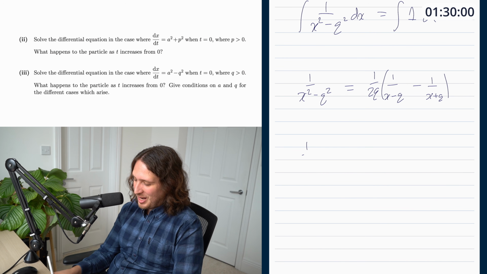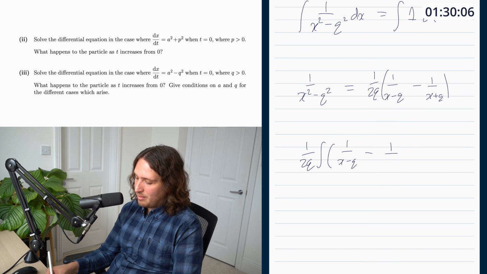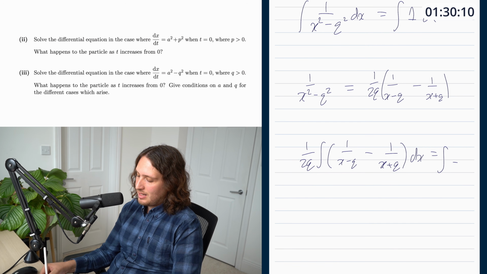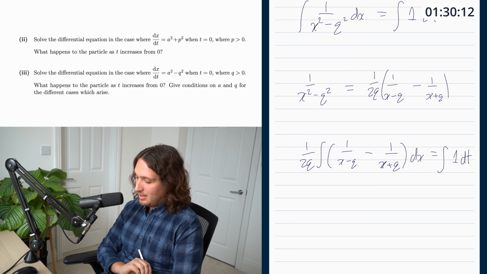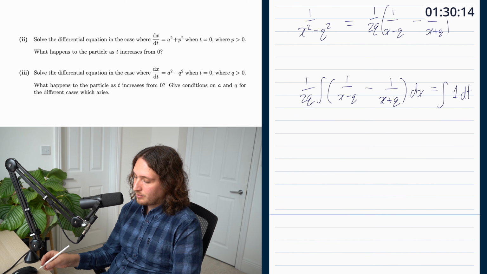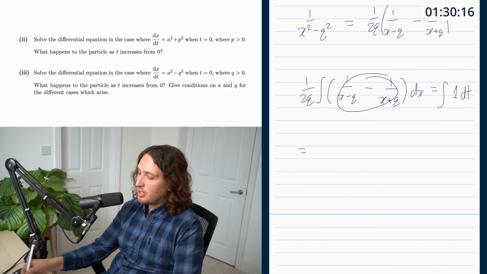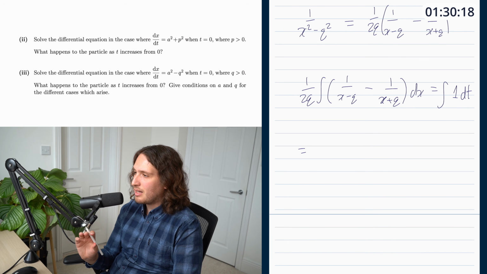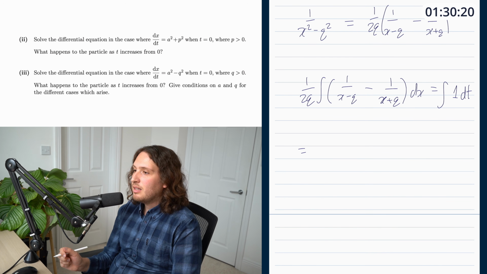So I get 1 over 2q times the integral of 1 over x minus q minus 1 over x plus q dx is the integral of 1 dt. So those are both going to be log integrals that I can then combine.